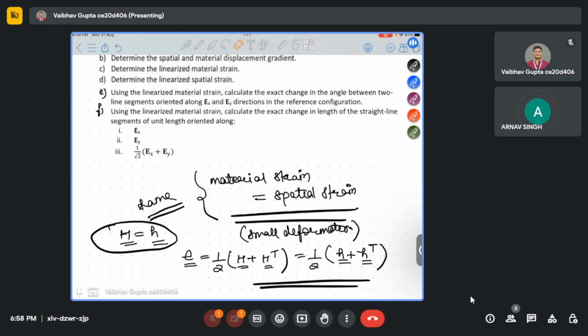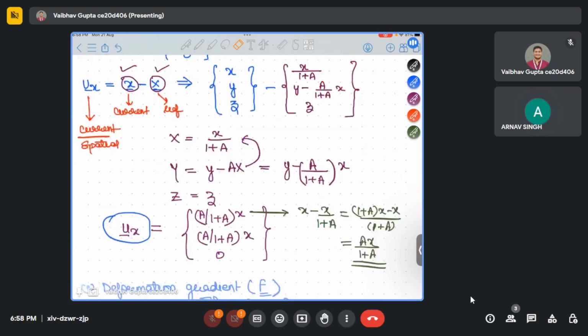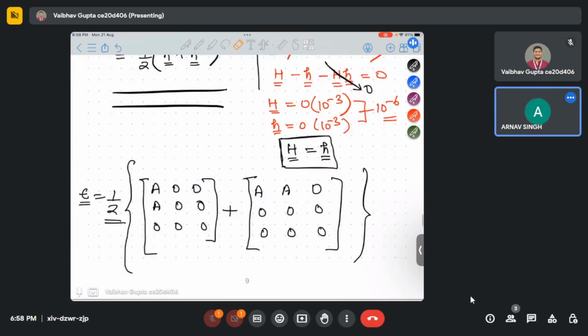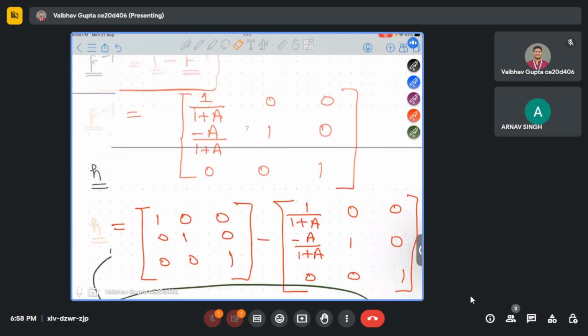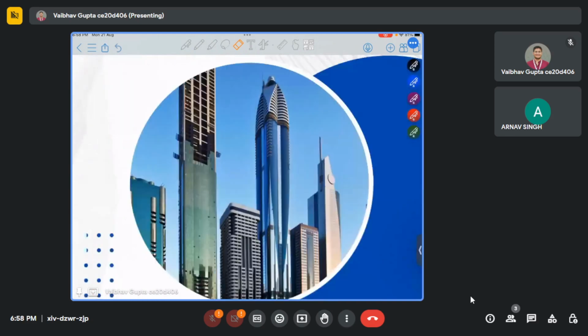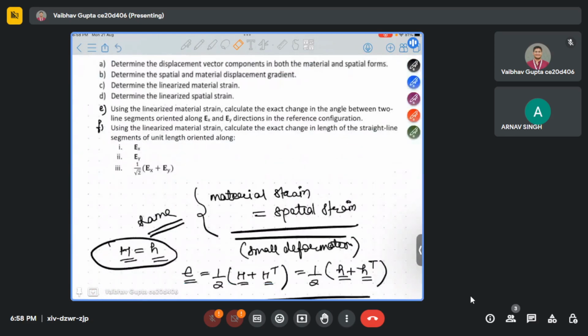So now moving ahead with E part. Using the linearized material strain, calculate the exact change in the angle between two line segments oriented along EX and EY direction. Now they have given change in angle, but we have to find change in length first, so we have to solve F part. F part is: using the linearized material strain, calculate the exact change in length of the straight line along the direction EX.